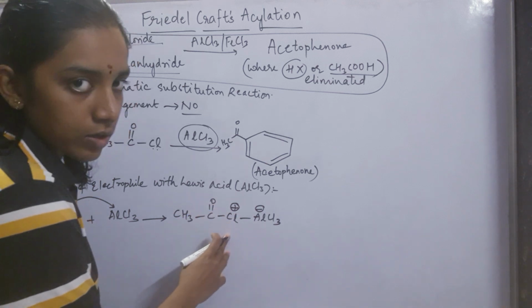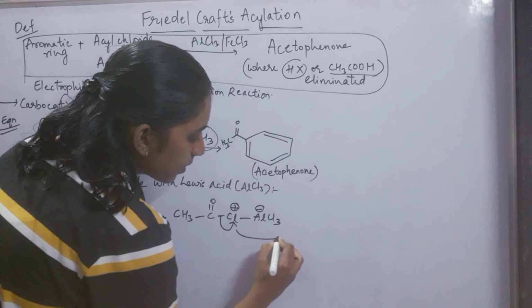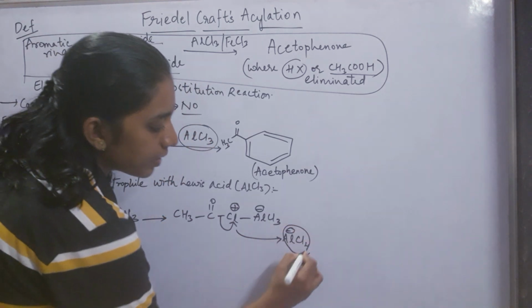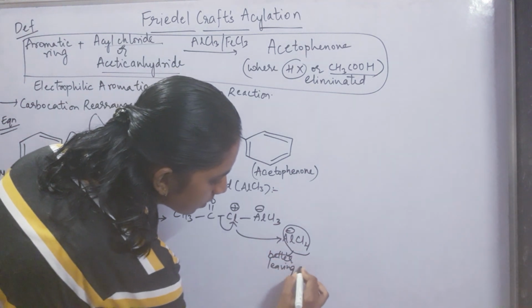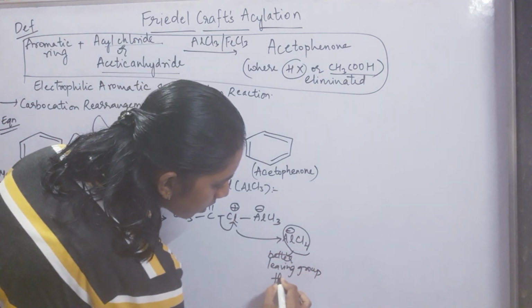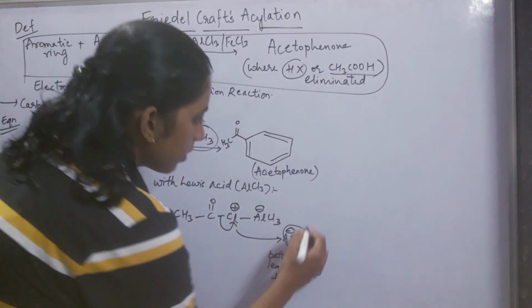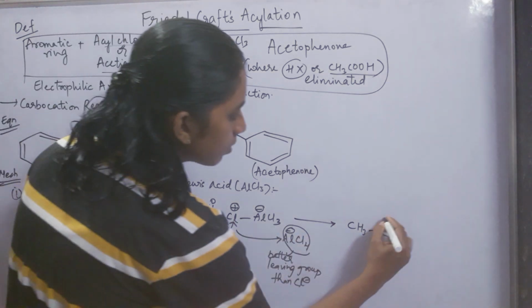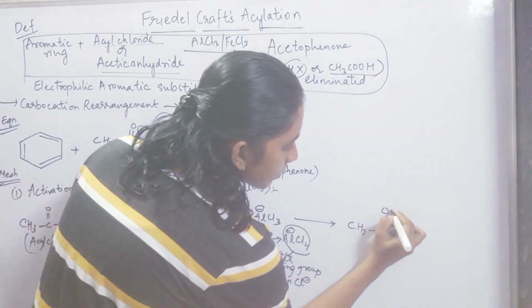Now as chlorine is electron deficient, it takes the bond from carbon and will leave as AlCl4 minus. Here this AlCl4 minus is a better leaving group than Cl minus. Hence we are taking a Lewis acid in this reaction, and we will get the product CH3C=O, and carbon gets a positive charge. What happens here?